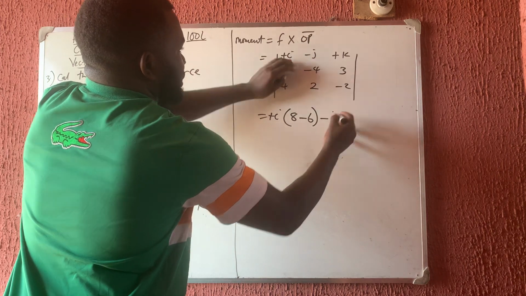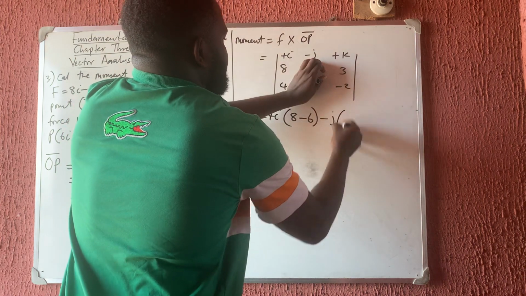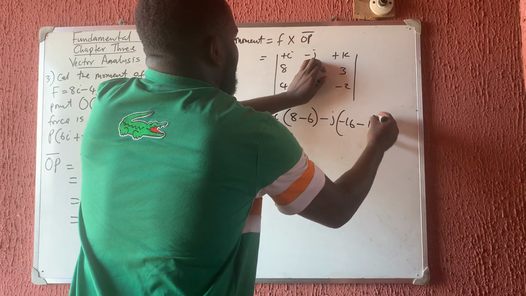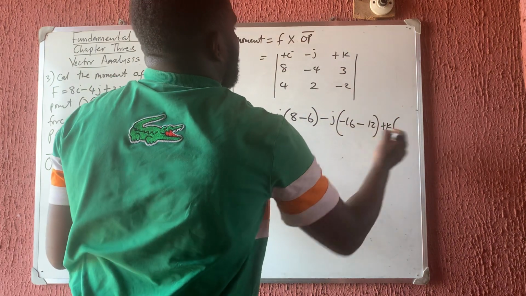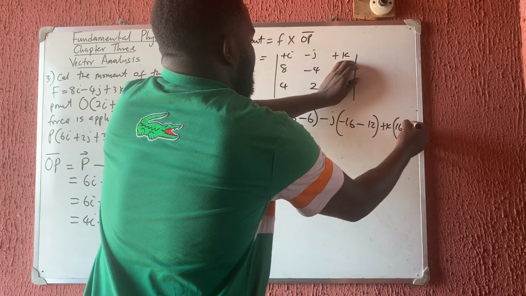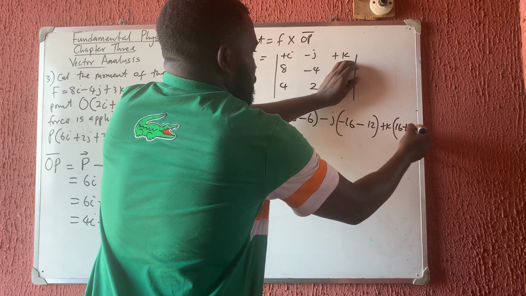Then I'm picking my minus j. I'm covering here, left minus right. This time this will give you minus 16, minus 12. Then finally I'm picking plus k. I'll do the same thing again, cover here. This time this is giving me 16, then this time this is minus 16 again. So minus will make it plus 16.